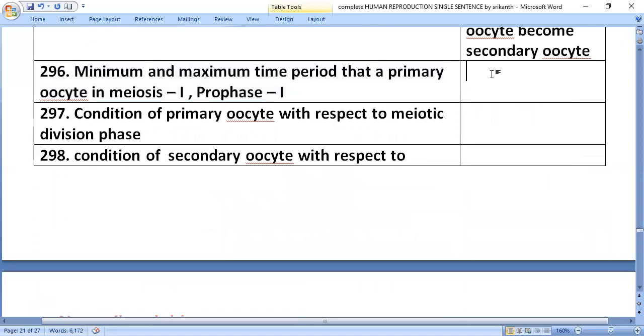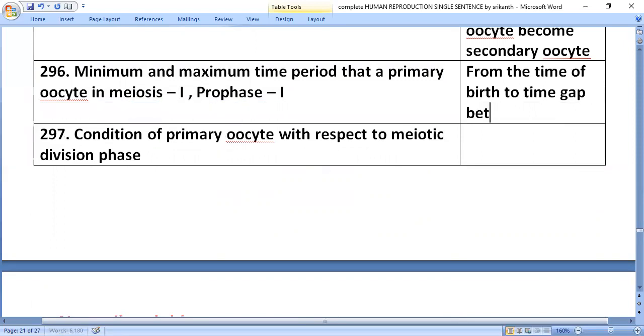Minimum and maximum time period that a primary oocyte stays in meiosis 1 prophase 1, from the time of birth to the time gap between menarche and menopause.